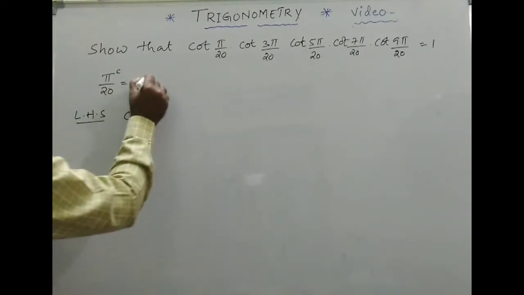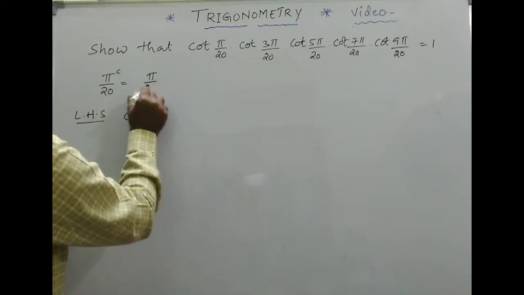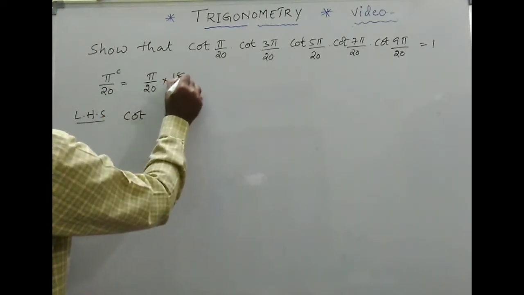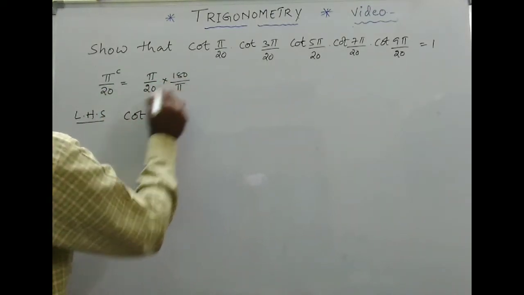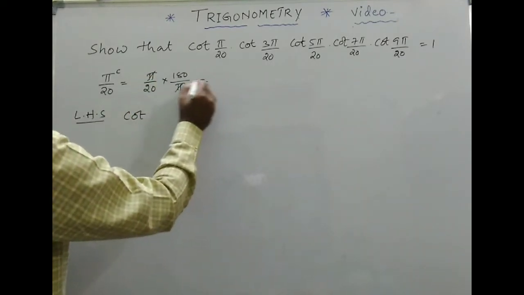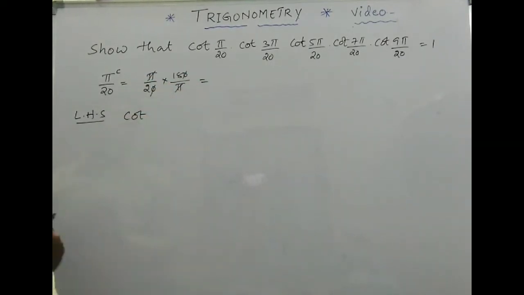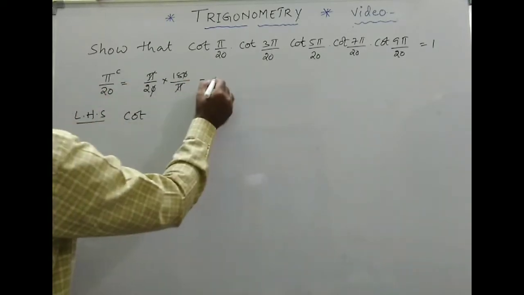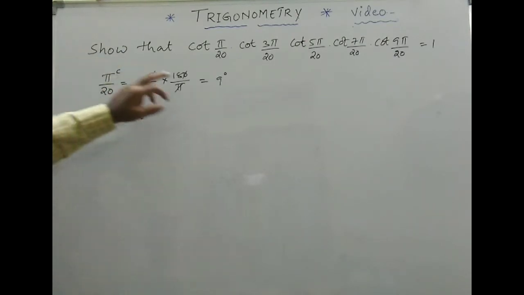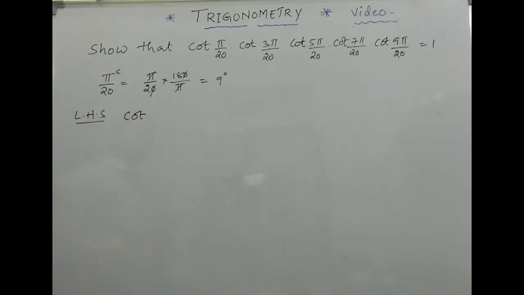Hence, to convert pi by 20 into degrees, we need to multiply by 180 by pi. So pi gets cancelled, 0 gets cancelled, 18 by 2 which is 9 degrees. Pi by 20 radians is equal to 9 degrees.